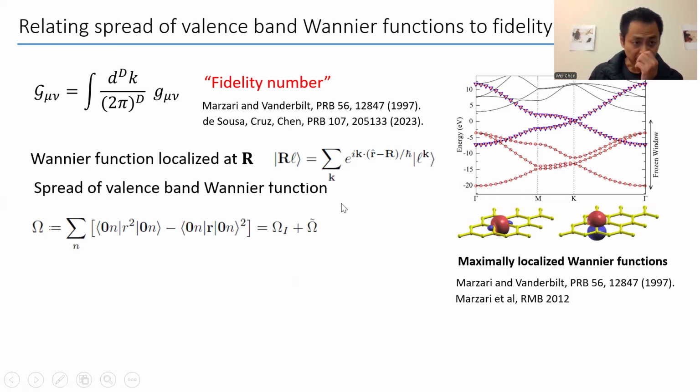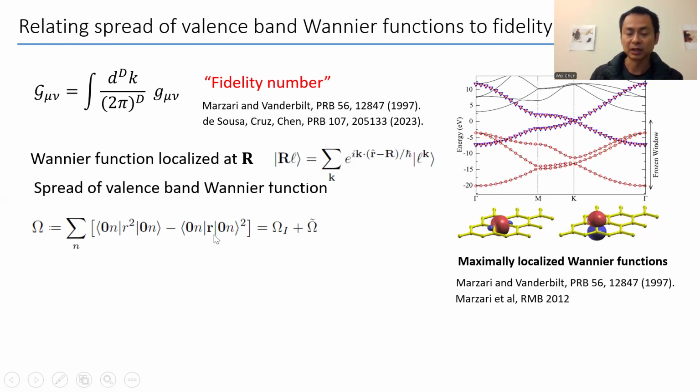Now, you can further construct the so-called spread of a Wannier function. Namely, you take the Wannier function centered somewhere, let's say, at the origin. And for each band, you have its own Wannier state, right? So this n is the band index, counting the filled bands only. Then you calculate the expectation value of the position operator squared in the Wannier state, minus the square of the expectation value of position.